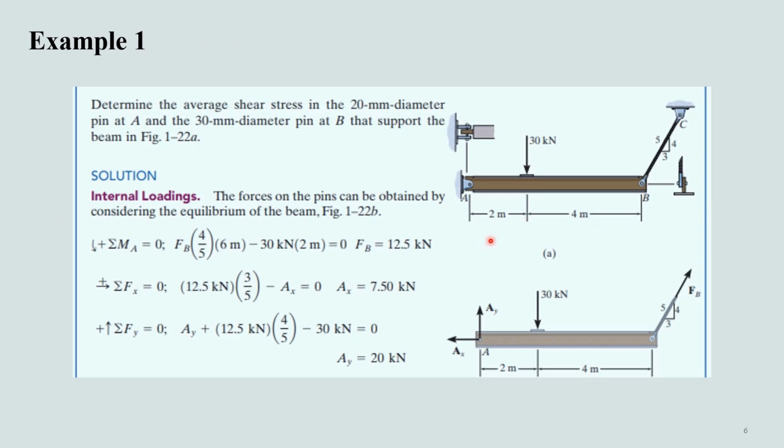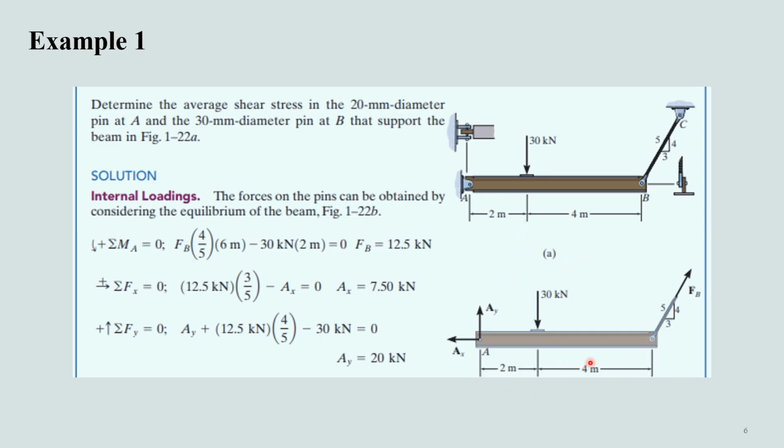In this we need to determine the shear stresses at point A and point B. This is a bar that is supported by two pin supports at point A and point B, and a vertical load of 30 kN is applied at a distance of 2 meters. As I have mentioned, first of all we need to draw a free body diagram of this element.